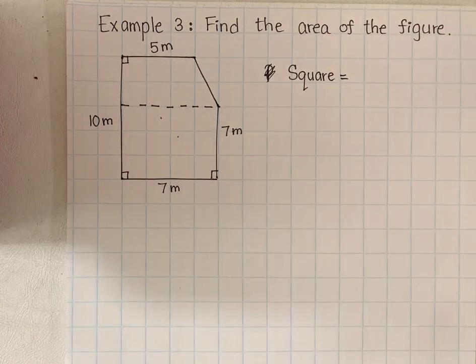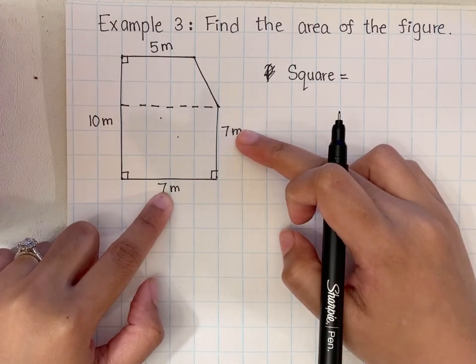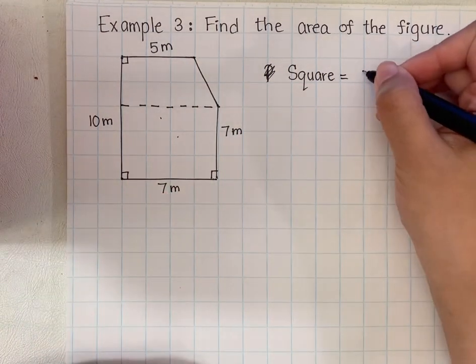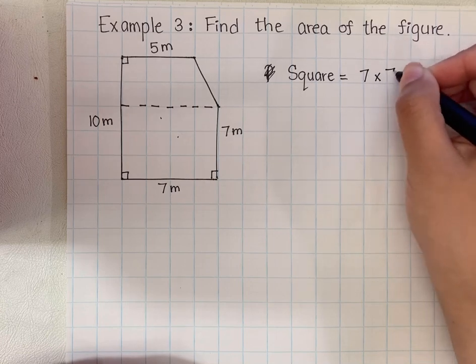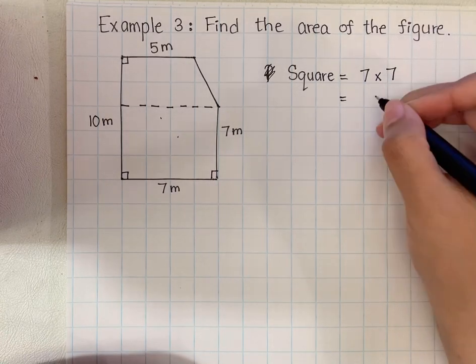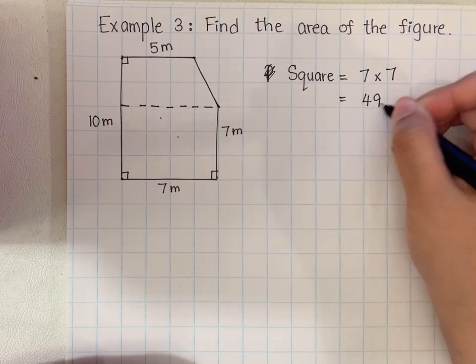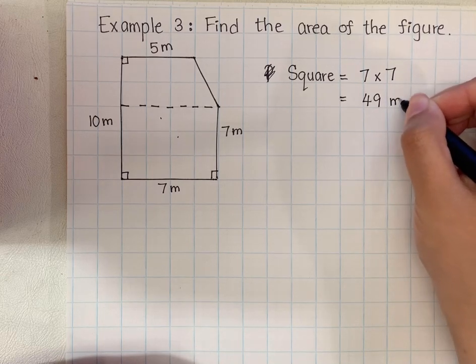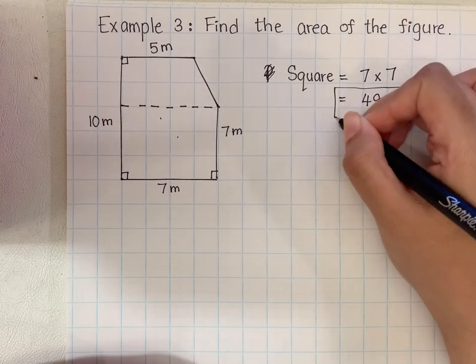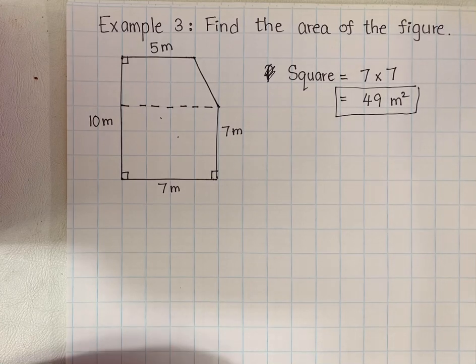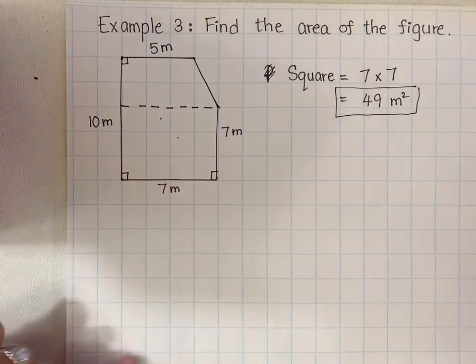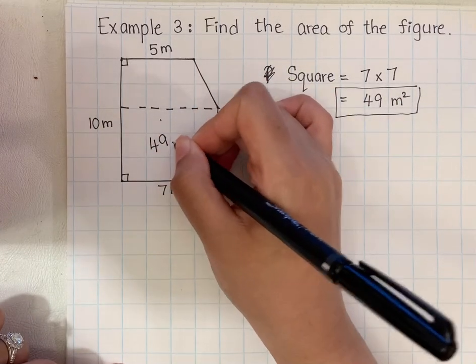I'm saying it's a square just by looking at the base and the height. It's the same length, right? So it's 7 times 7, which is 49 square meters. That's my first shape.